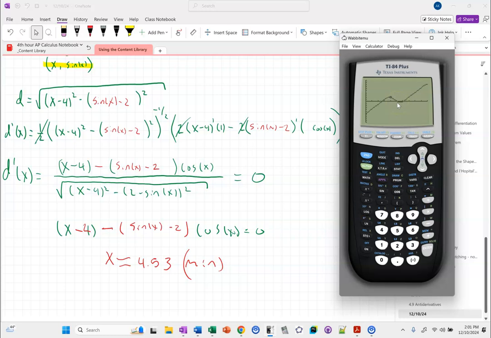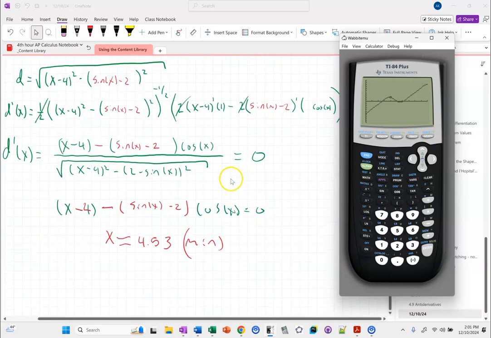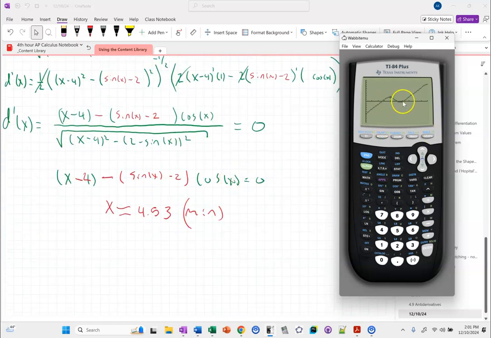That's a maximum, right? Because it asks for the shortest distance or closest point. So remind again that the point we're looking for is that point 4, 2. So it's right there.